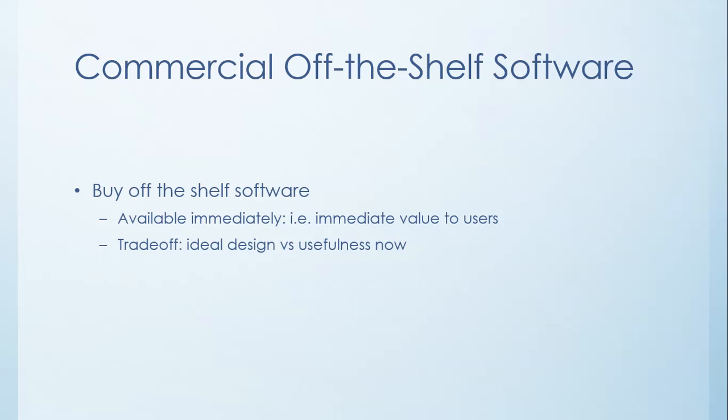In the intervening time between when you can buy off-the-shelf software and when you could release software of your own creation, your users would be provided with at least some kind of valuable capability. They can learn to work around the product's limitations by the time you could have provided them with some custom software. As time goes by, the commercial software might be revised to suit your needs even more closely.